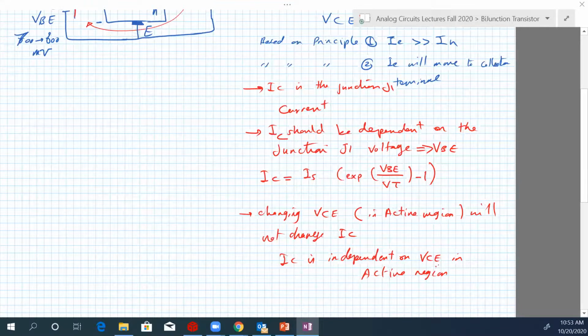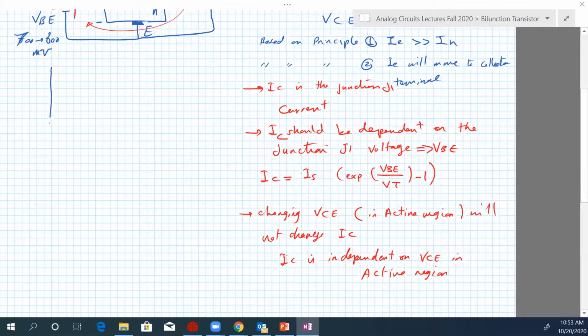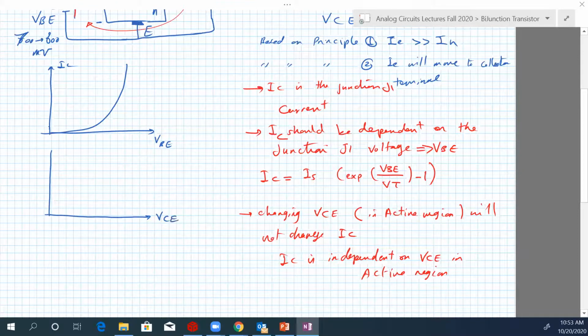So based on that, let's draw the relations. The relation between IC and VBE will be something like this. And the relation between IC and VCE will be constant, something like this.